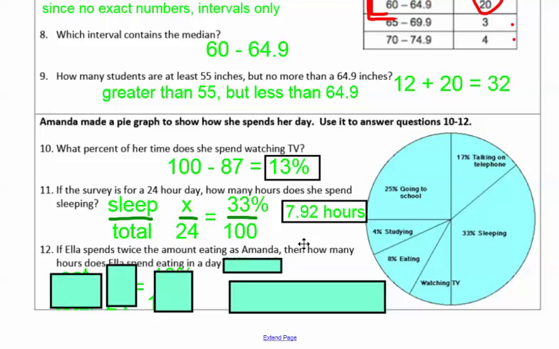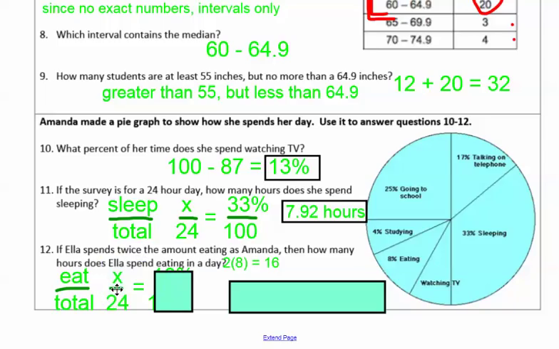All right, last one. If Ella, a new person, spends twice the amount of time eating as Amanda, how many hours does she spend eating in a day? Well, she eats twice as much as Amanda. So Amanda eats 8%, which means Ella eats 16%. Again, we're going to use a proportion. Eat over total hours.